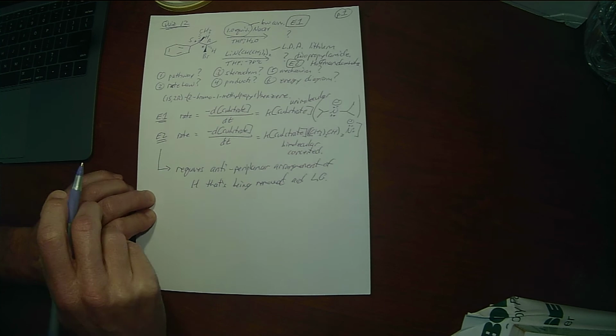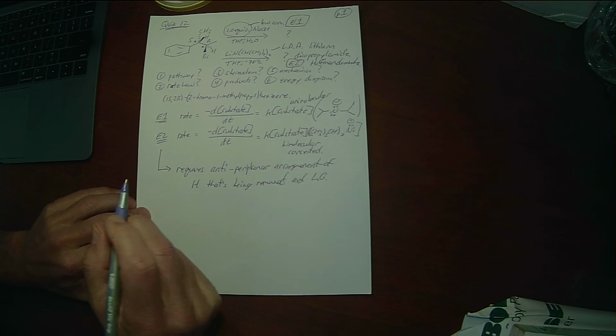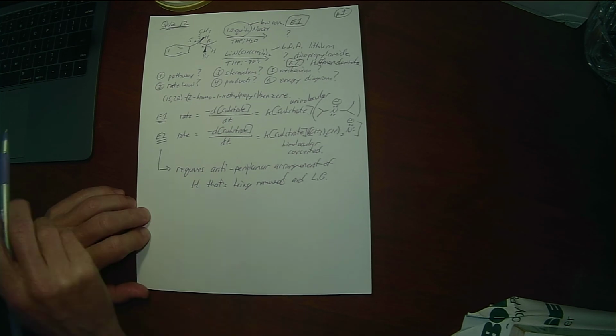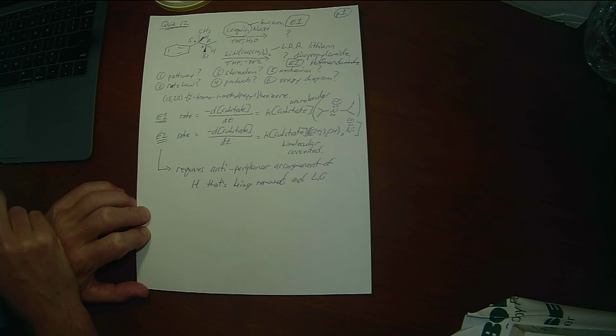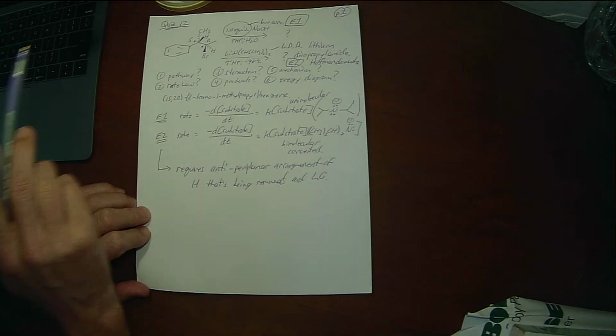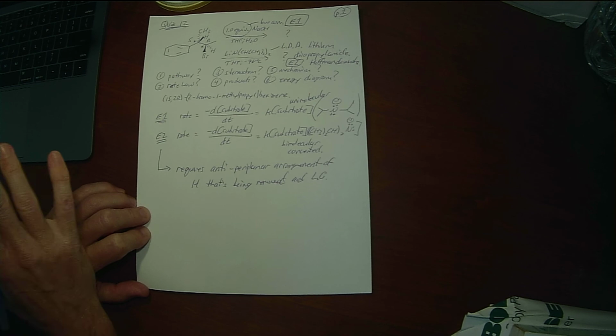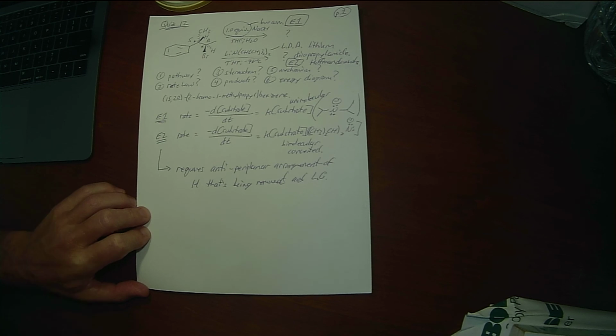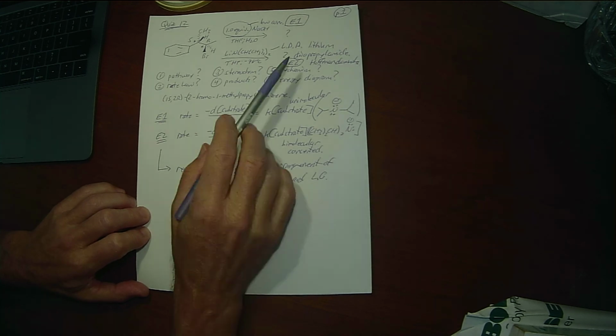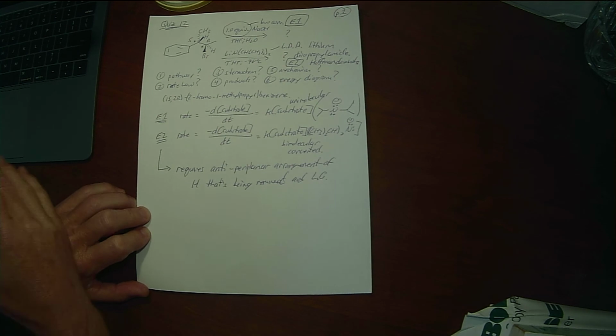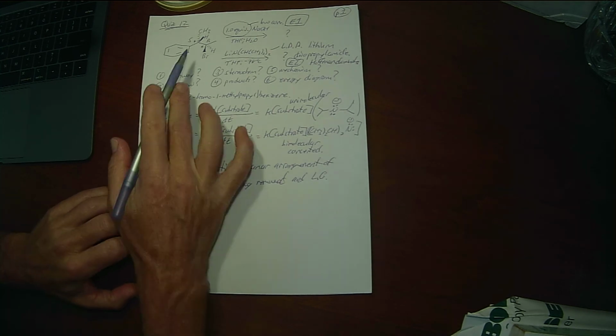E1 doesn't have any stereochemical requirements. Regiochemically, E1 is going to always yield the most stable alkene, which is the more substituted alkene, and the E2 elimination is going to yield either the most substituted alkene or the less substituted alkene, depending on the steric hindrance of the base. This one happens to be a strong hindered base, which means we're going to get mostly the less substituted alkene.